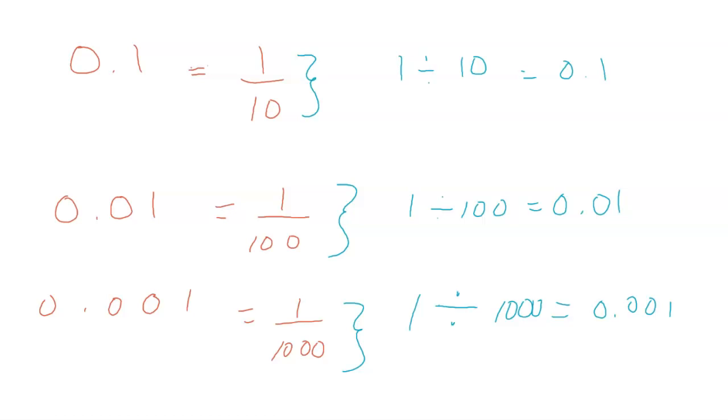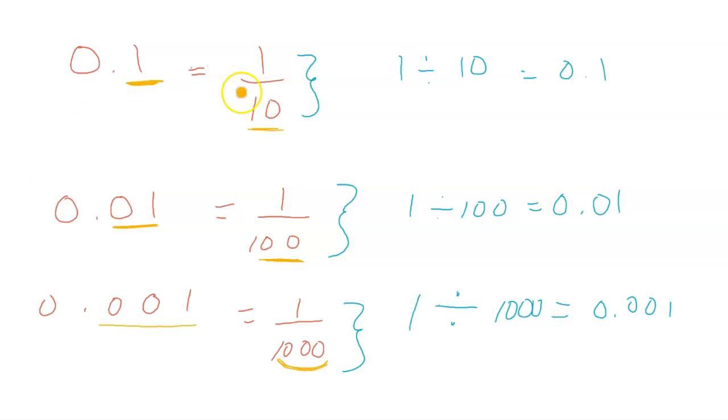I see 1 decimal place here, so that means it's out of 10. If I see 2 decimal places, then I know that it's out of 100. I think of the number of decimal places as the number of zeros in the denominator. Here I have 3 decimal places, which means I'm going to have 3 zeros in that denominator. That is one way of thinking about it.